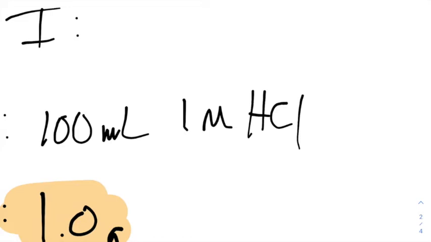We should have the specific heat capacity of an aqueous hydrochloric acid solution and so forth, but we don't. But we can take advantage of the fact that a 1 molar hydrochloric acid solution is really mostly water.